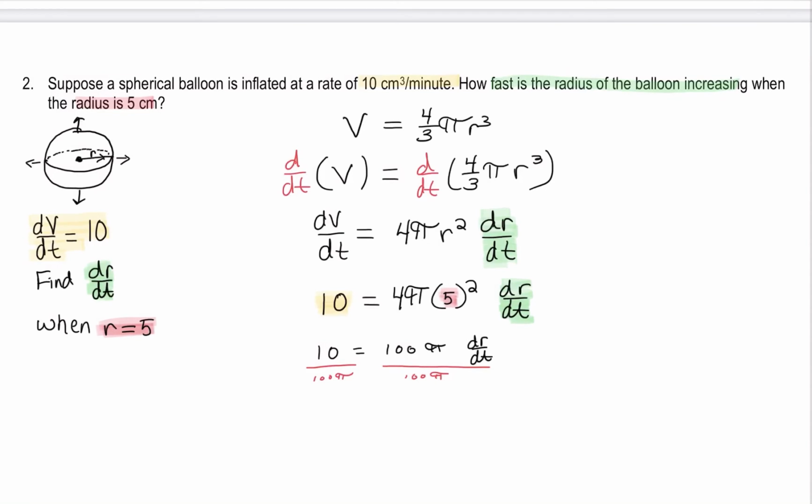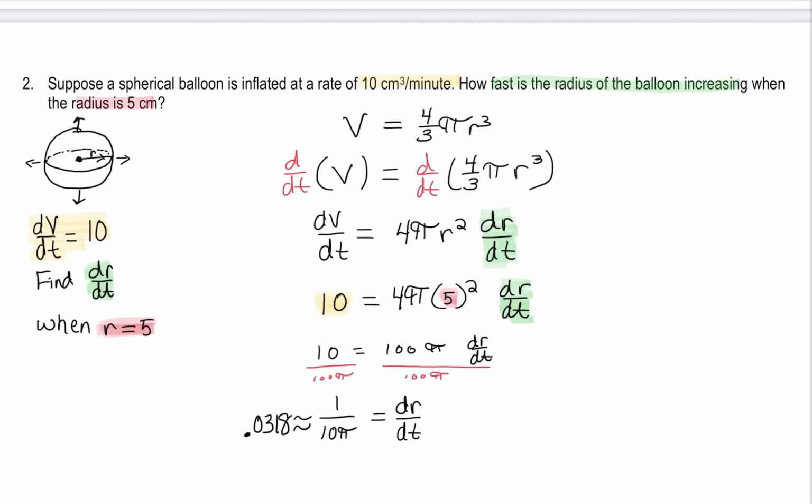And so we end up with our dr/dt here. Just doing a little reducing, we have 1 over 10 pi. Or if you're asked to go to decimals, I typed this into my calculator already. So this is approximately 0.0318.